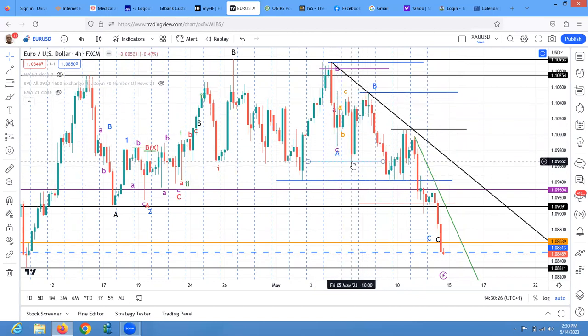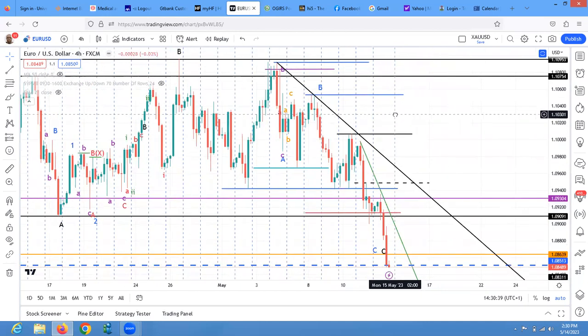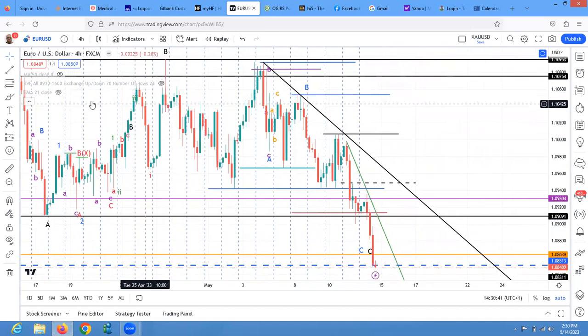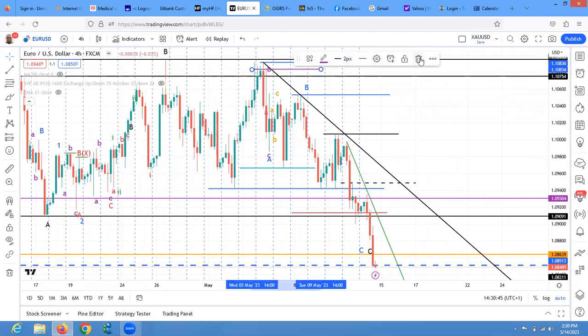Even if I use the end here as the low of this wave 2, and where 1.618 should be. What I'm trying to say now is, let me take this one off, because we are correcting.